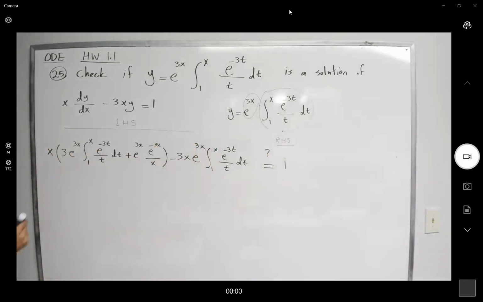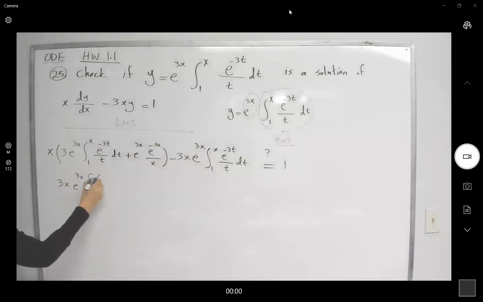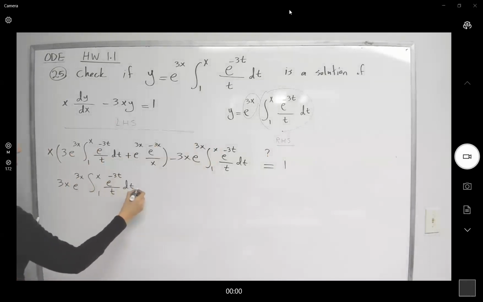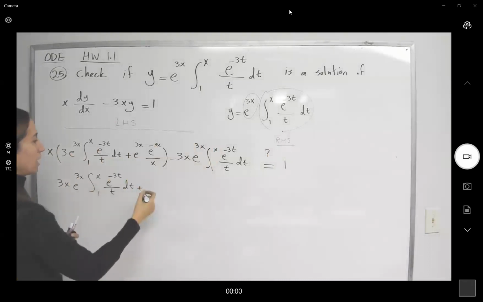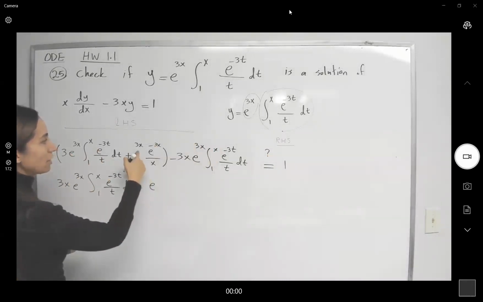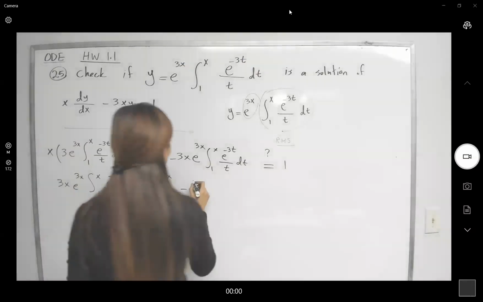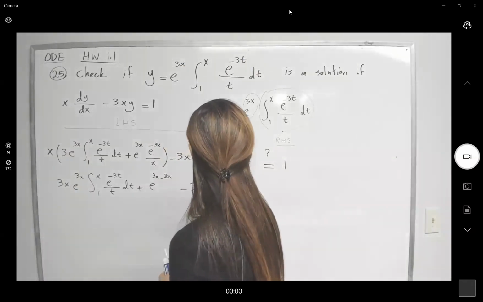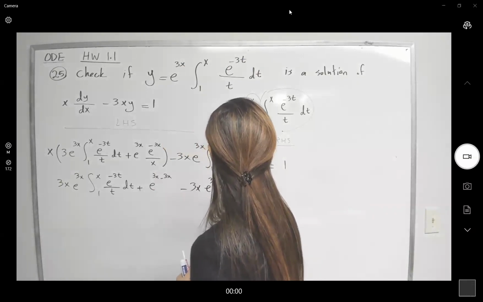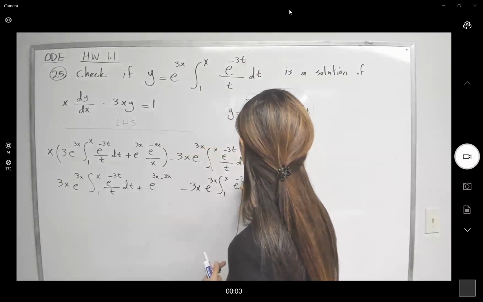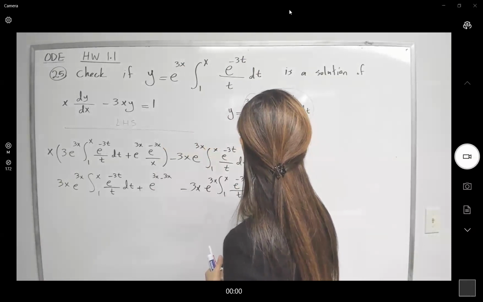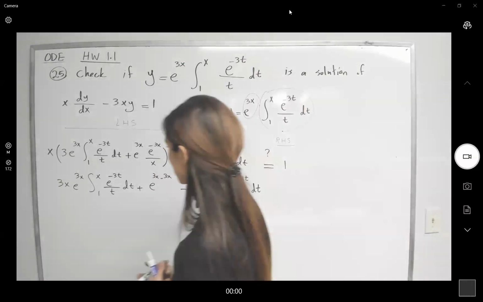Very well. So if you distribute x into the parentheses, you get 3x e to 3x integral from 1 to x of e to negative 3t divided by t dt, plus x and x cancel out each other, e to 3x minus 3x, and then here you get negative 3x e to 3x integral from 1 to x of e to negative 3t divided by t dt.